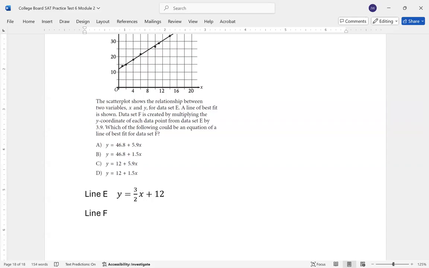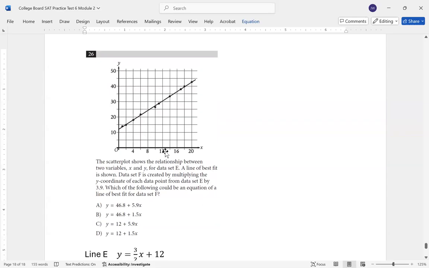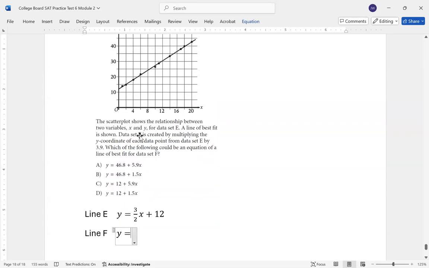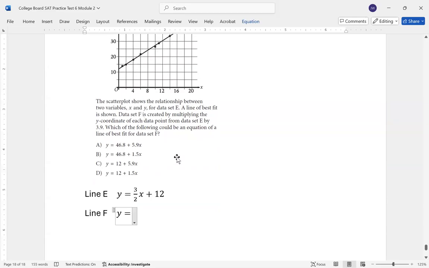So what I would do for line F is I would create a new equation where the output would come out of multiplying the y values by 3.9. Since the y values are this entire expression, I would multiply that entire expression by 3.9.